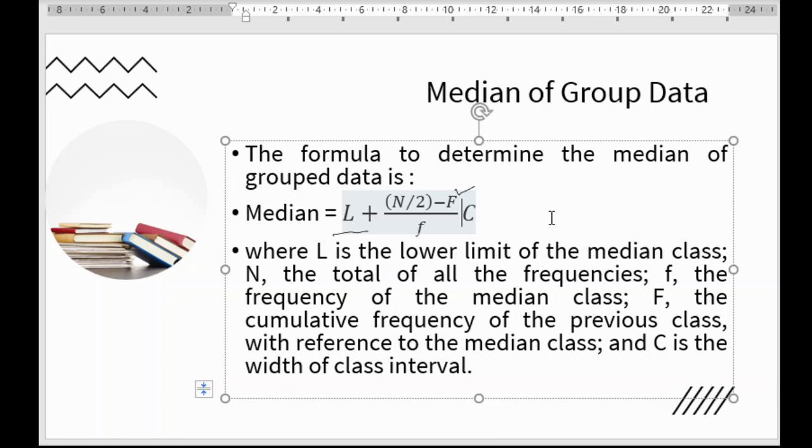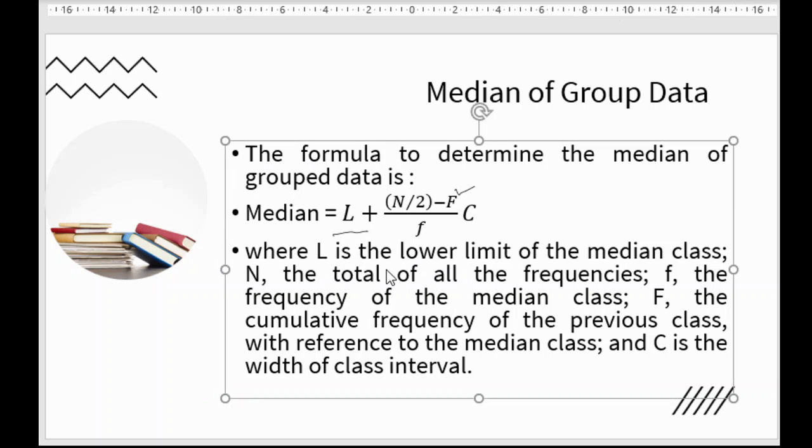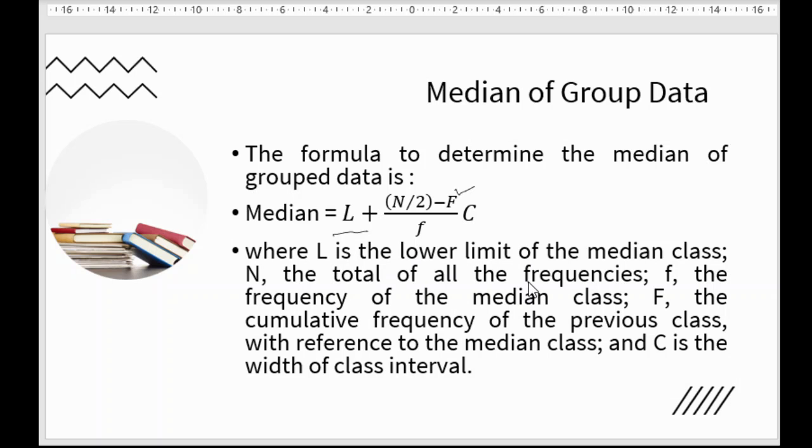So this is the formula of the median of grouped data. Now what are these things? L stands for the lower limit of the median class, and n is the total number of frequencies.